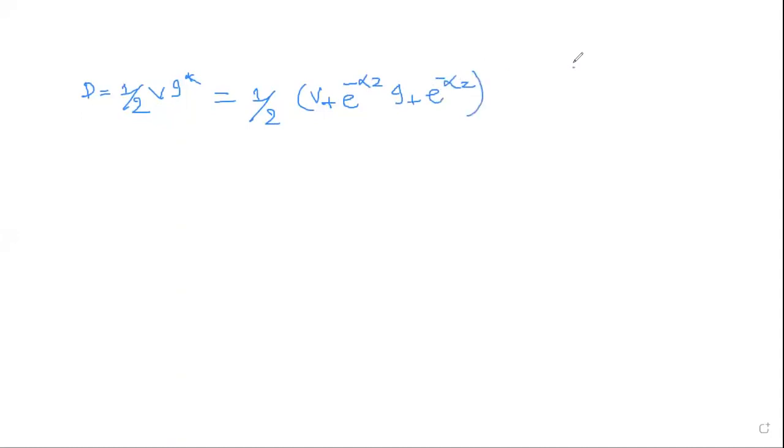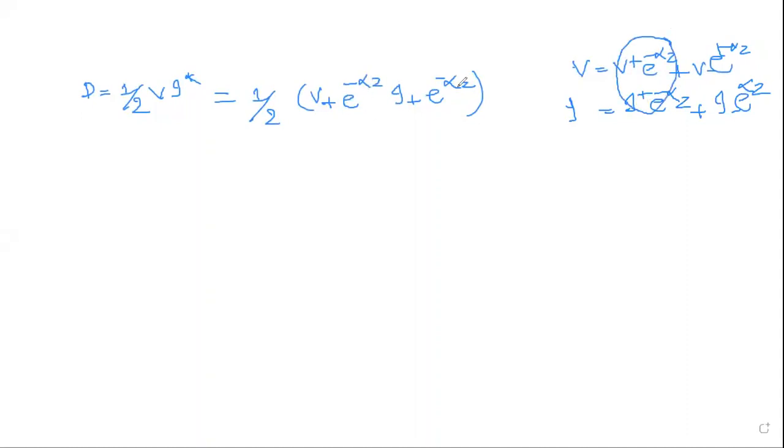The normal equation is V plus e to the power minus alpha z plus V minus e to the power plus alpha z. Similarly, for current, I plus e to the power minus alpha z plus I minus e to the power alpha z. Current as well as voltage equation. Only the positive z direction I'll be taking, so we are considering only the first two terms.